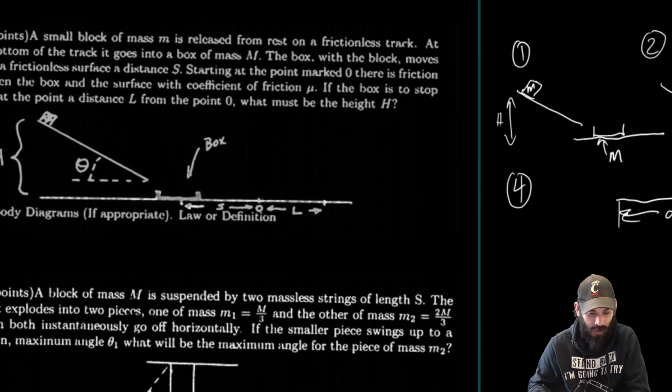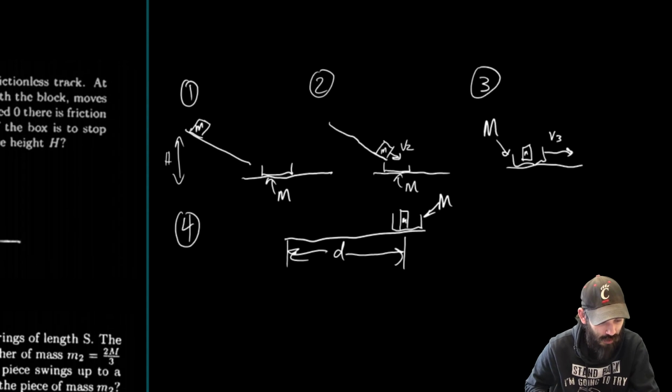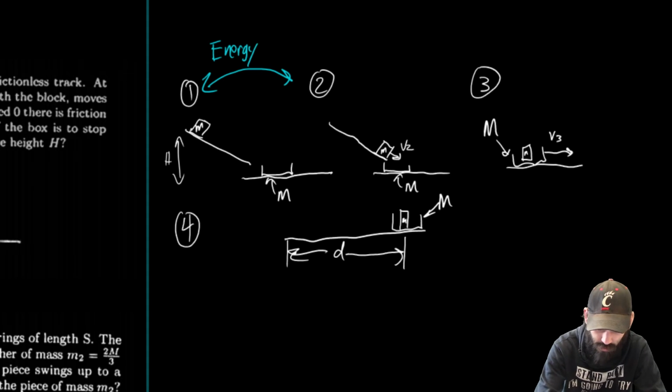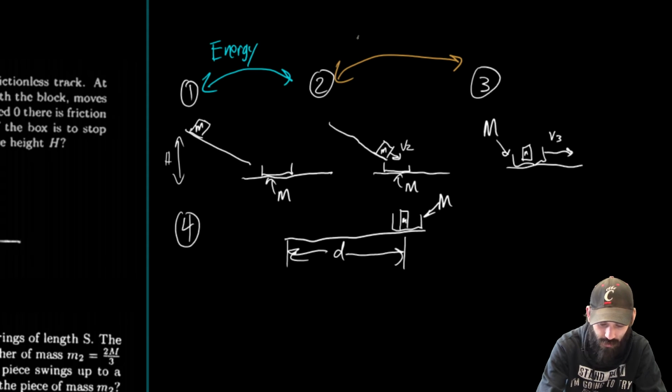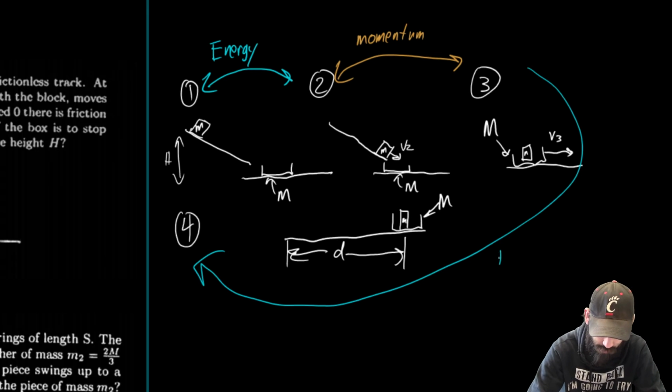So in order to do this, what we want to do is relate first state 1 and state 2. These are going to be related via conservation of energy. Then relate state 2 to state 3. This is going to be partially momentum conservation. And then from state 3 to state 4 is energy conservation. Okay?